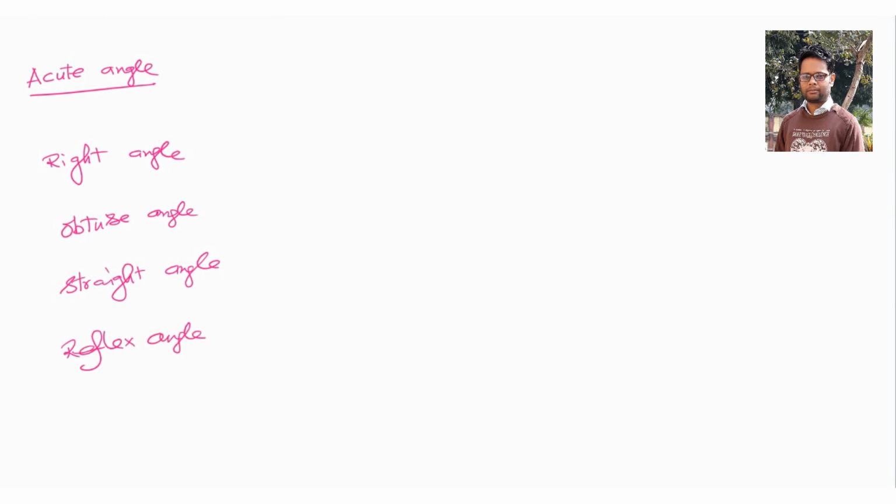Reflex angle. Suppose, in the definition of angles we have seen, when two rays have one end point they make an angle. Here we can say the angle is theta. For all the cases, the angles are theta. When the angle is between 0 and 90 degrees, then we can say the angle is acute angle.